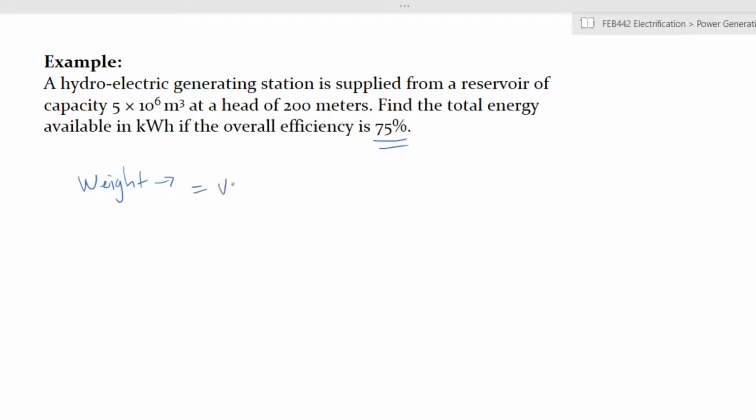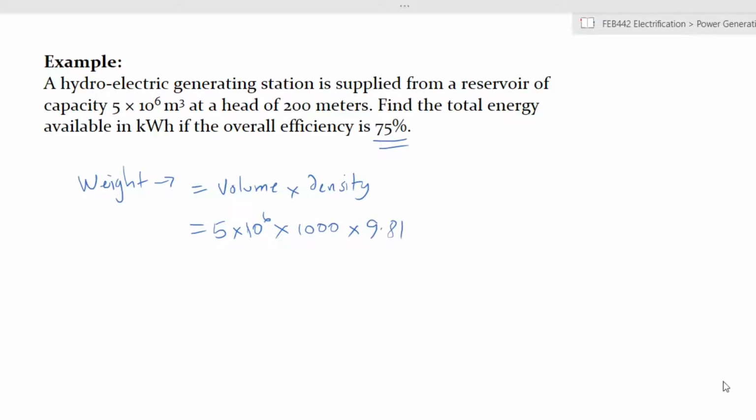It is equal to volume times density times g. What is the volume of water? We've already been told it's 5 times 10 to the power 6 cubic meters. The density of water is 1000 kilograms per cubic meter, 1 ton per cubic meter, times g, 9.81.